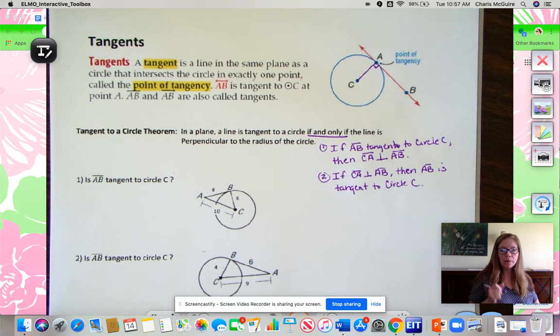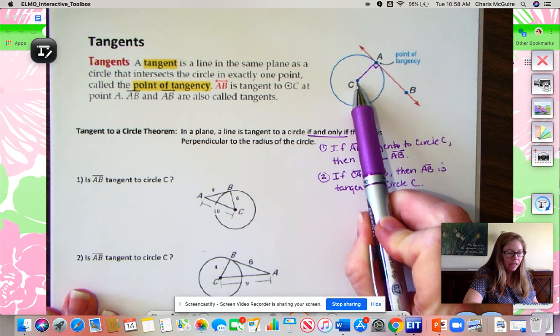There's always going to be a radius perpendicular to a tangent line, and a tangent line will always be perpendicular to the radius. You're going to see a couple of different problems to work on. As you might have guessed, when we have perpendicular lines, there's always an opportunity.